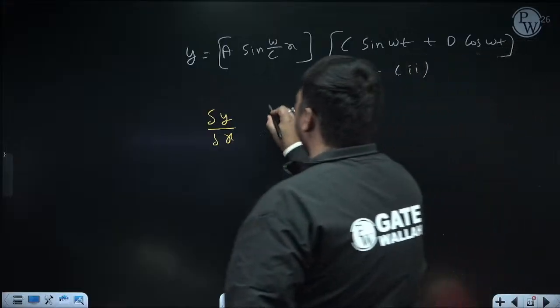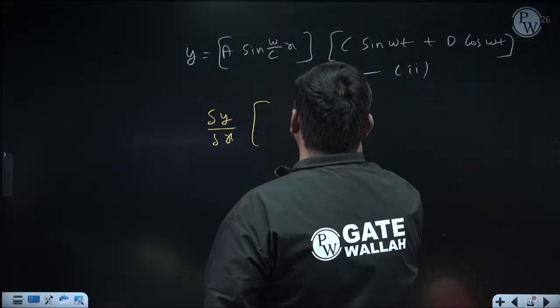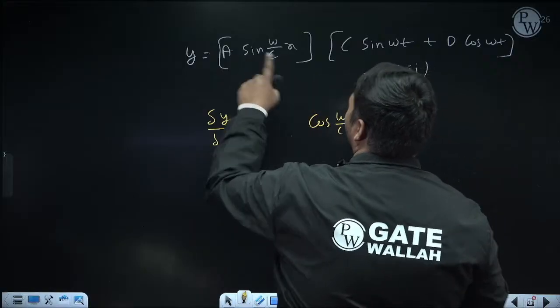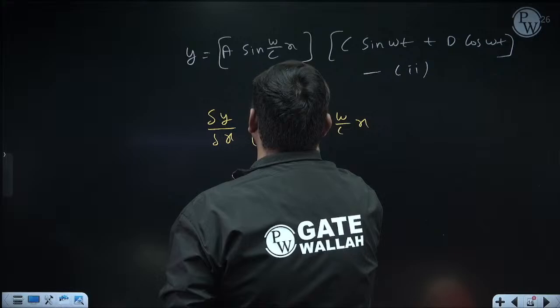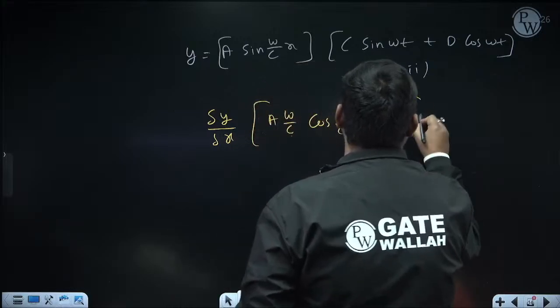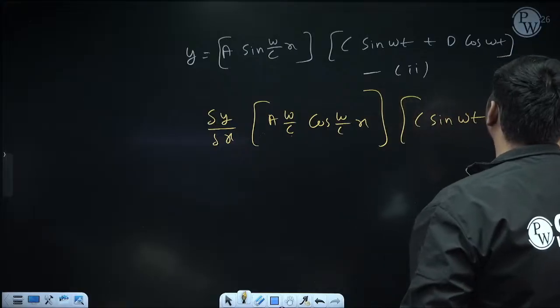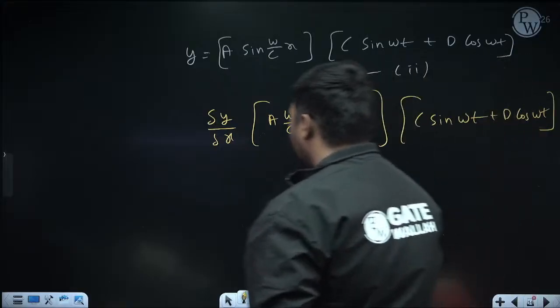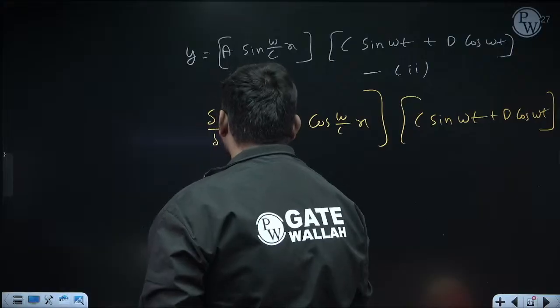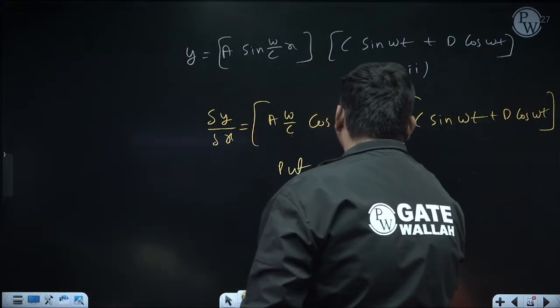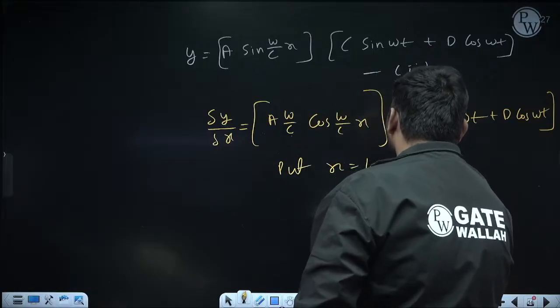So see, differentiation of sine will be cos, so it is cos(ωx/c). Now I will multiply separately with ω/c, so it will become A ω/c. This will come as it is: (C sin ωt + D cos ωt). Okay. Now this is the equation of ∂y/∂x. Now in this equation, I put x equal to L and ∂y/∂x equal to 0.